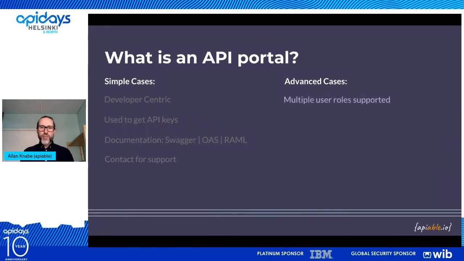More advanced cases, you'll see an example from Mercedes in a little while where they have at least started to accept the fact there are multiple roles involved in coming to the API portal, right? So different user journeys. We're starting to see those come out a little bit.